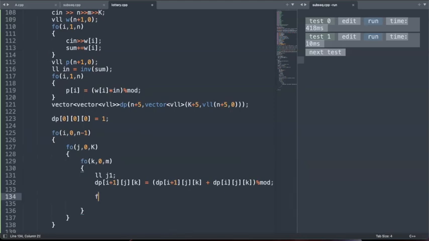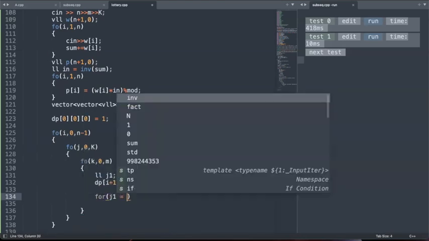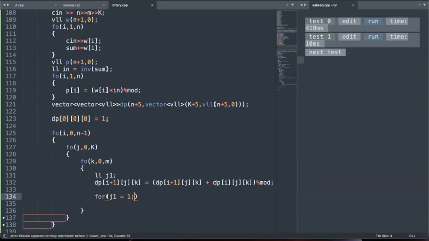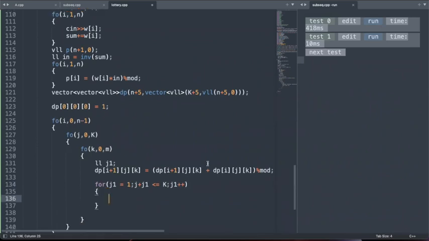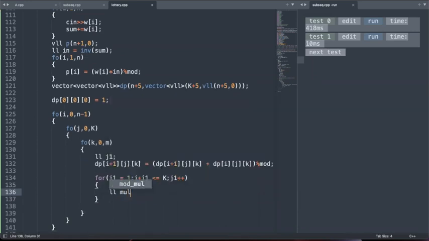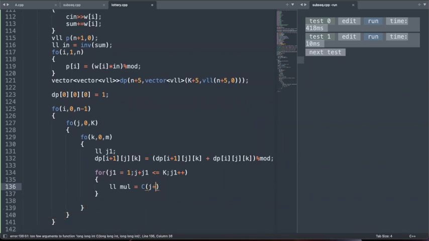And now I will iterate on j1. So for j1 equal to 1, and notice that once I take j1 elements of type i plus 1, the total number of draws will be j plus j1, and there is no point in going beyond capital K draws, right? So I will make sure that j plus j1 is less than or equal to capital K, and j1 plus plus. Okay. So now I will have to multiply something. So let's take a variable mul, which is equal to C(j plus j1, j1).